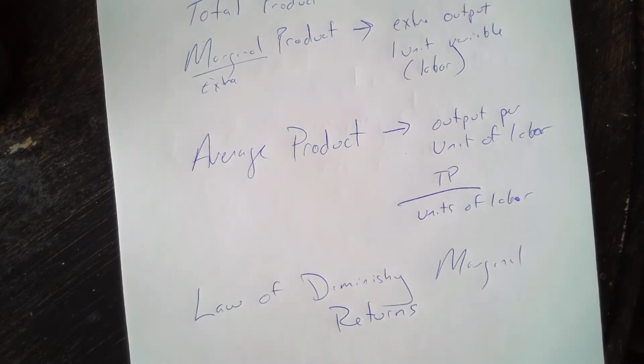Your homecoming float. When you first start your float, there's 2, 3, 4 people there. Not much is getting done. And then as you get to 5, 6, 7 people, more stuff gets done.